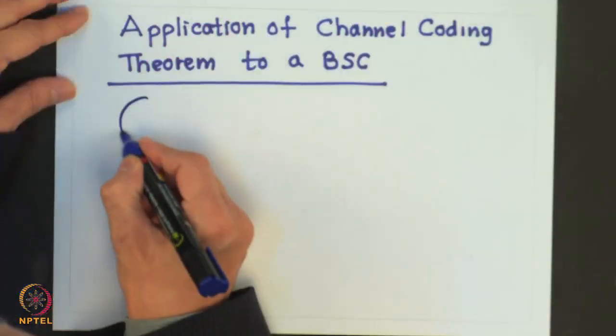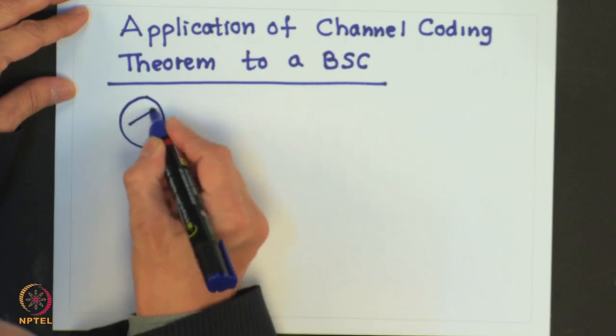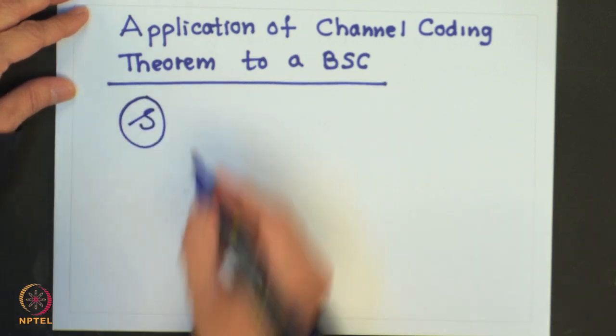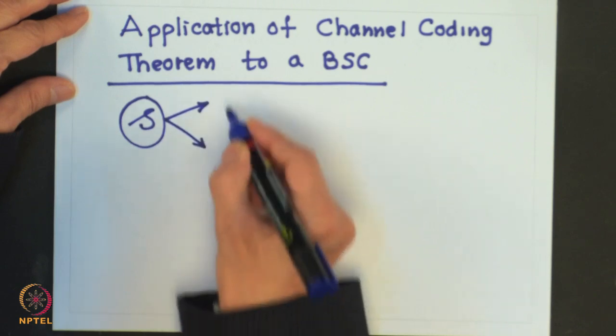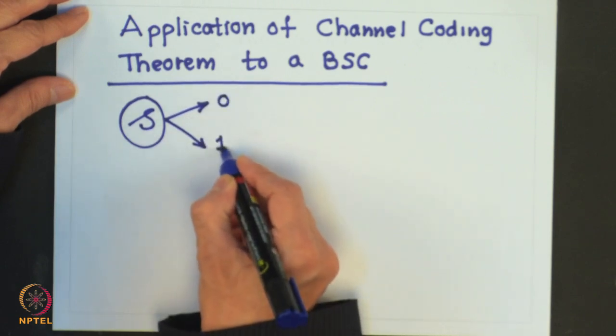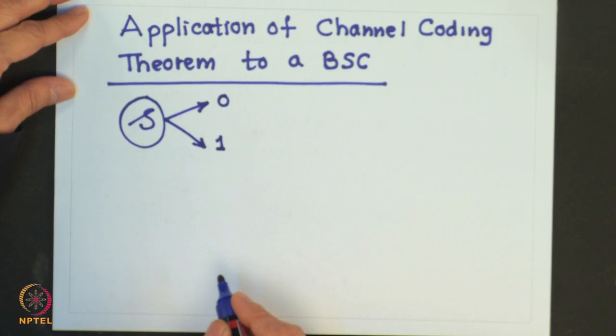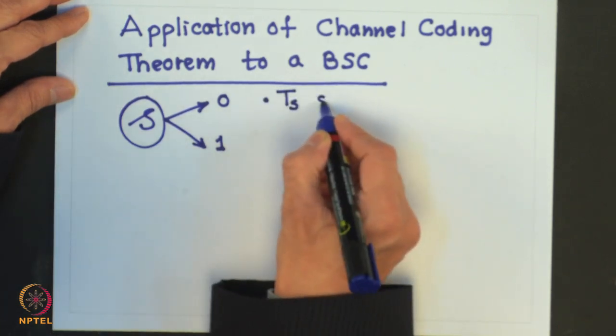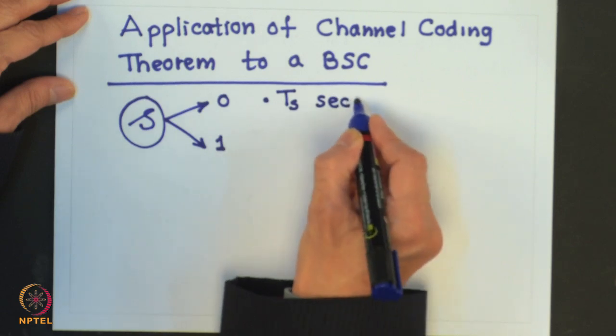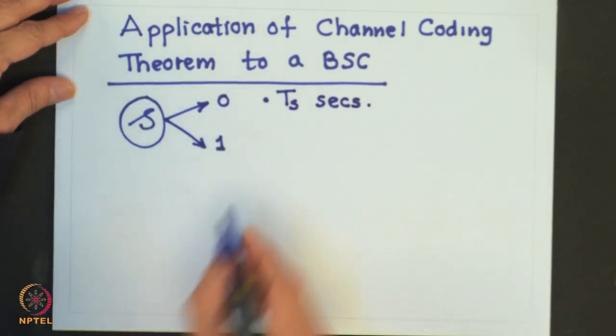Okay. Fine. So, let us take a source which is a binary source, and it is a discrete memoryless source. So, the two symbols, let us consider them to be 0 and 1, and let us assume that the symbols are being emitted every Ts seconds, correct?